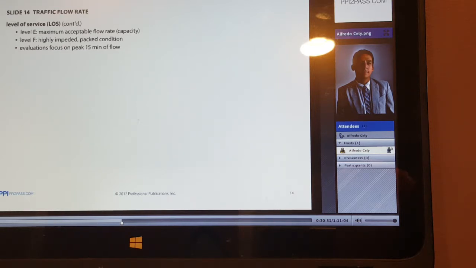The remainder of the time, the facility may be functioning as a level of service B or even a level of service A. So this is the reasoning why it is deemed acceptable to have facilities at what you would consider a failing grade. Now, because traffic conditions vary greatly, this is why we design for a 15-minute peak.